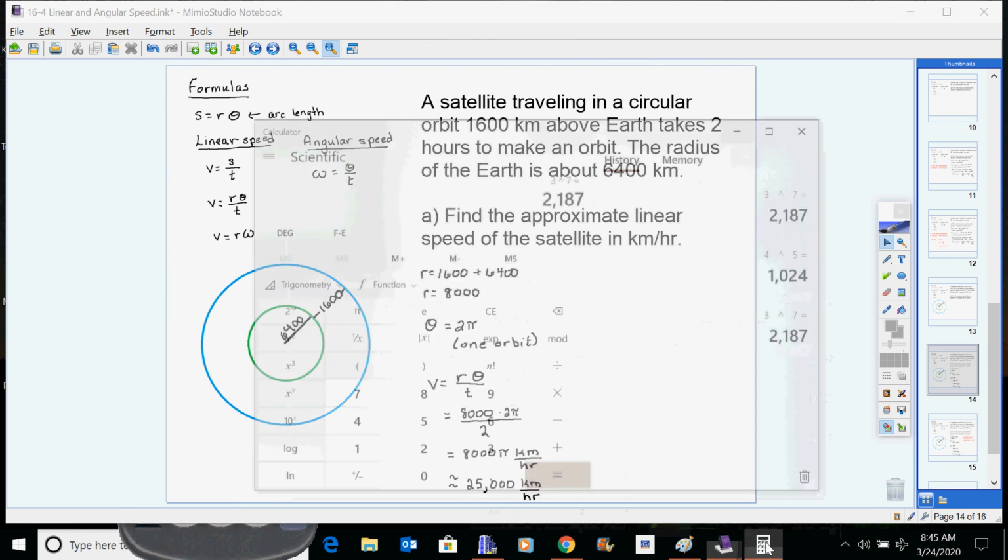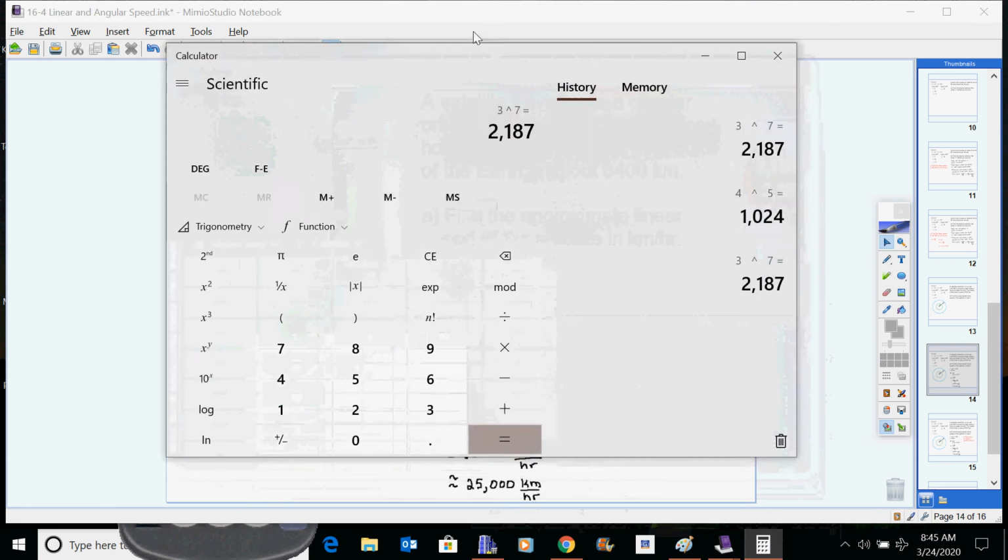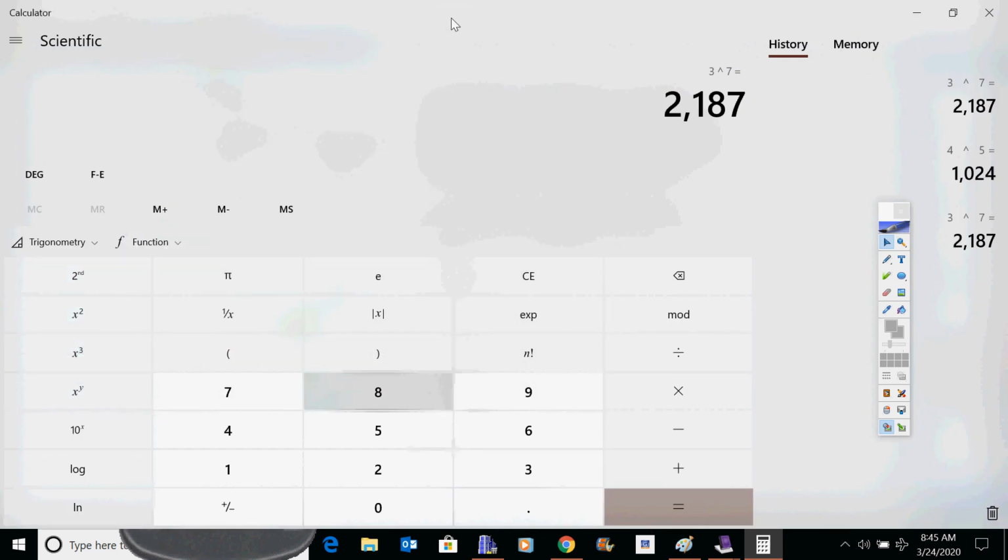We could do this with a regular old calculator. 8,000 pi. Whoopsies. Times, we could do 3.14. You could just do pi here. 3.14. 25,020.